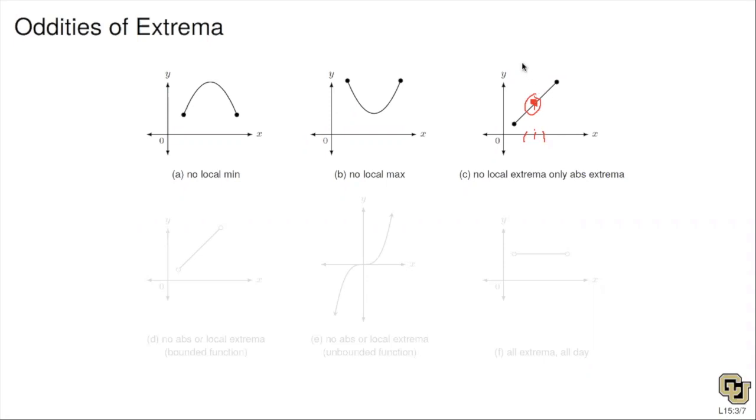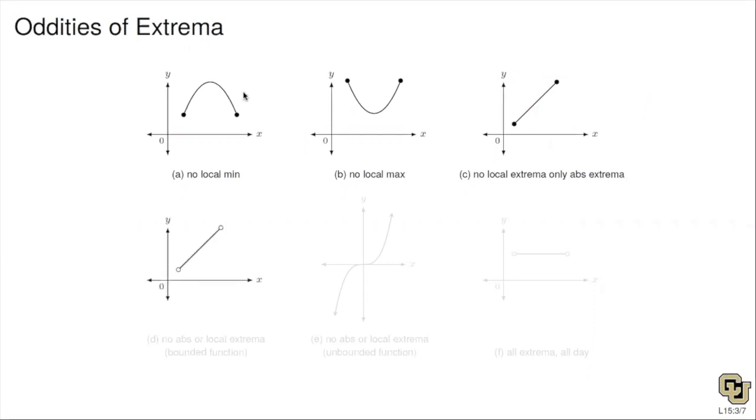If it's not either of those, then it's not a local max or min. And here you can see that since the function is always increasing, if you look at it from left to right, there are no local little bunny hills, there are no little valleys. So here, only absolute extrema at the endpoints.